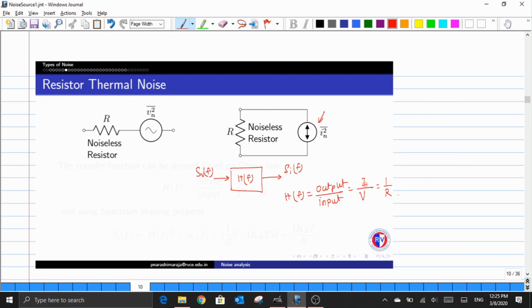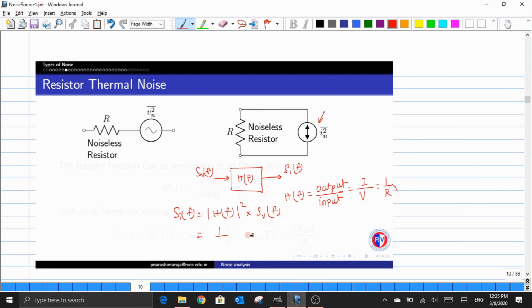Having got this transfer function, now let us try to evaluate the power spectral density of the noise current. One could make use of this first property, which is a product of the modulus of the transfer function squared times the input power spectral density, which is in terms of voltage.